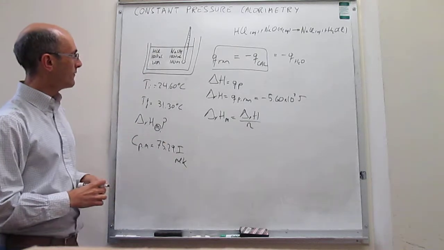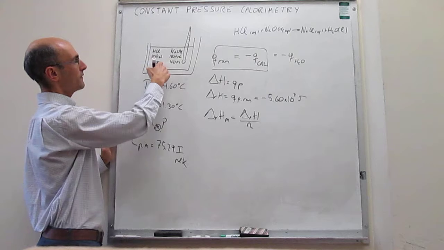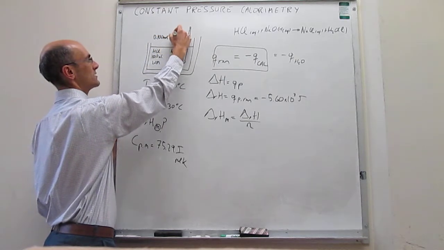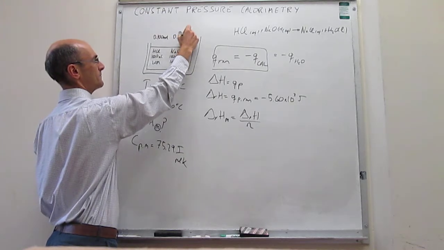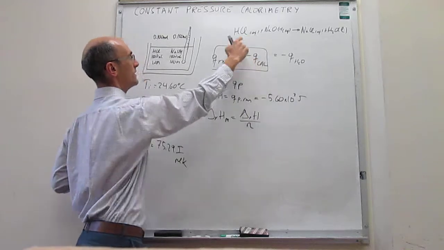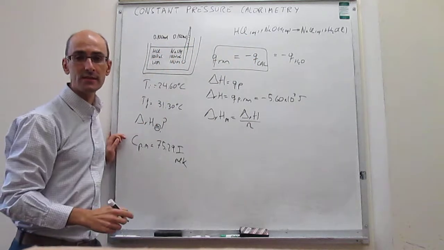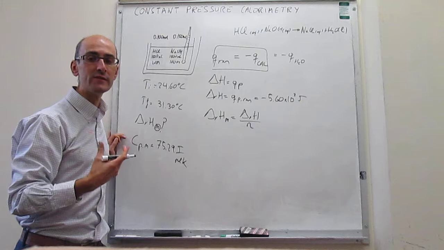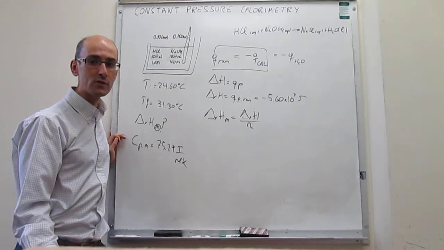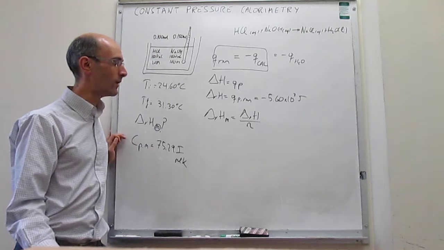Then we have here two reagents, and notice that when you do the math, this is going to be equal to 0.100 mole, and this is going to be equal to 0.100 mole. So looking at the stoichiometry, it's obvious that you have a 1-to-1, so there's no limiting reagent in this case. The reaction is using the right stoichiometric amounts, and then the overall moles of reaction that we have here will be 0.1 moles.